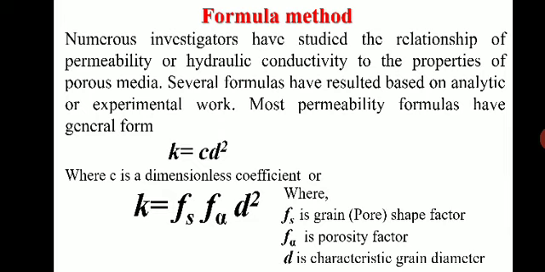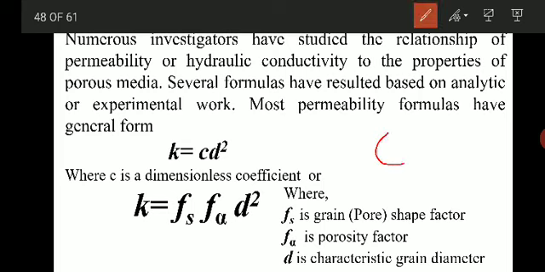Fs is the pore shape factor, meaning in between the particles. Suppose these are the grains which are well rounded, or sometimes they may be angular. So Fs is the grain or pore shape factor.